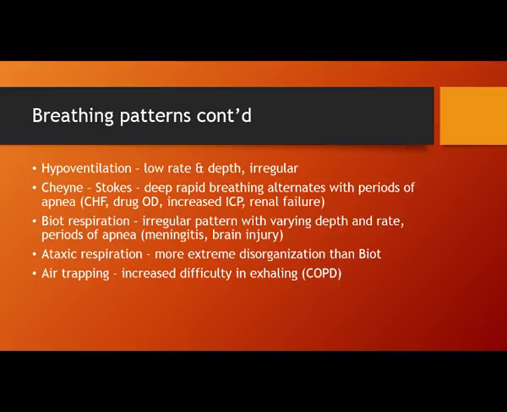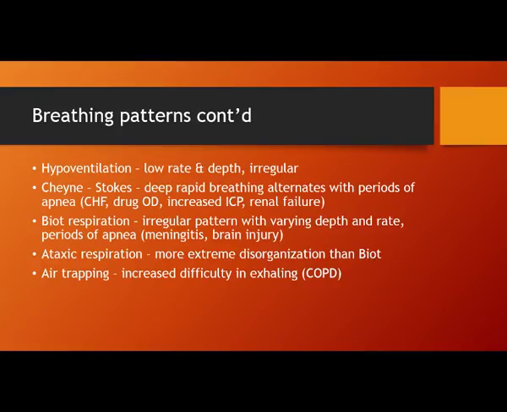Then biorespiration is an irregular pattern with varying depth and rate. It has periods of apnea, and it's characteristic of meningitis or brain injury. And then if that becomes more extreme, it's called ataxic respiration. And finally, air trapping.